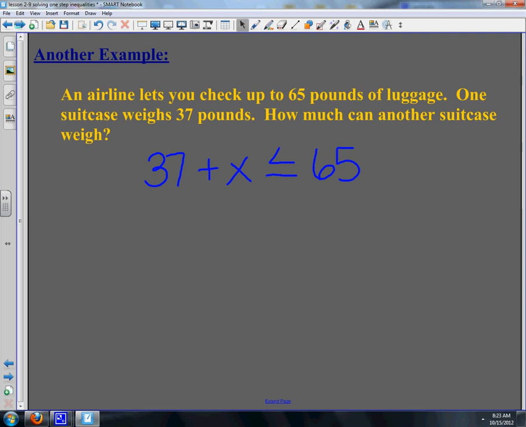So now I'm going to solve this inequality. I'm going to minus 37 from both sides. So then I get x is less than or equal to 28. So I draw my graph.